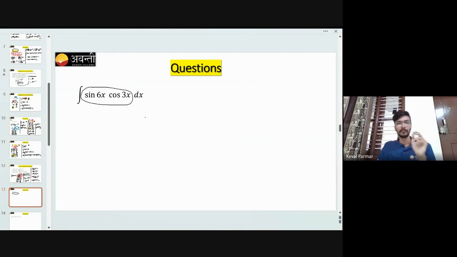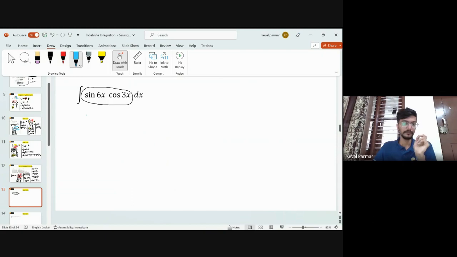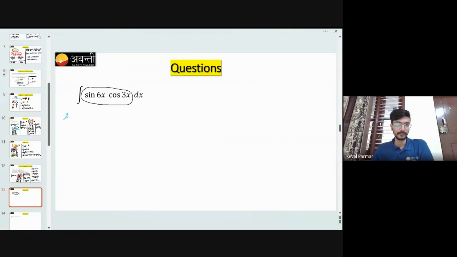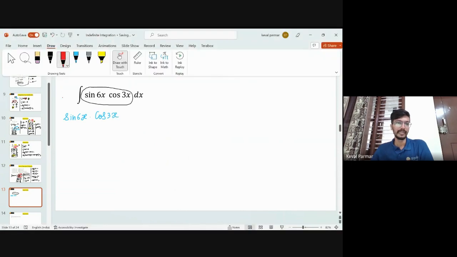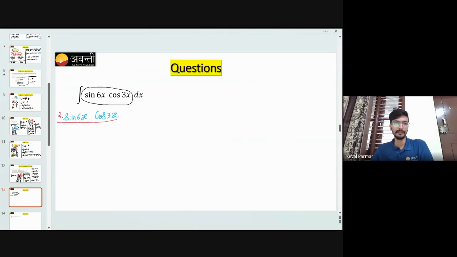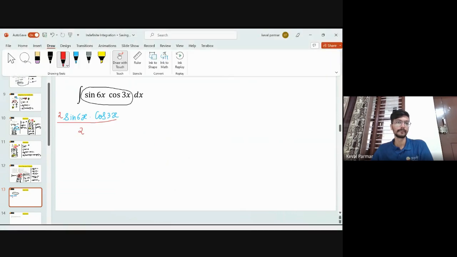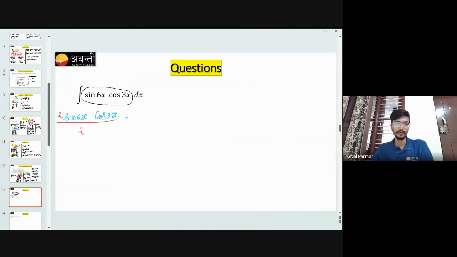Suppose I take this sideways. So consider sine 6x into cos 3x. Now what did I do here? I multiplied and divided by 2. So I got 2 sine cos. What is 2 sine cos?